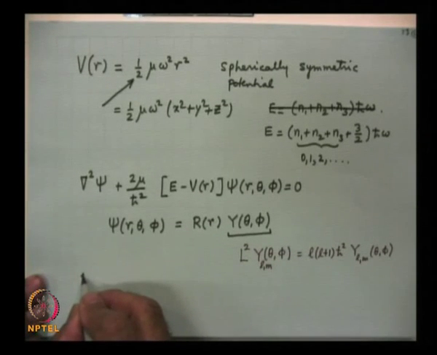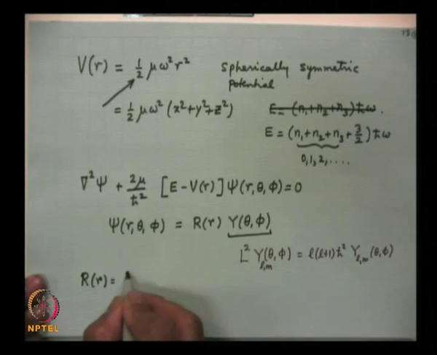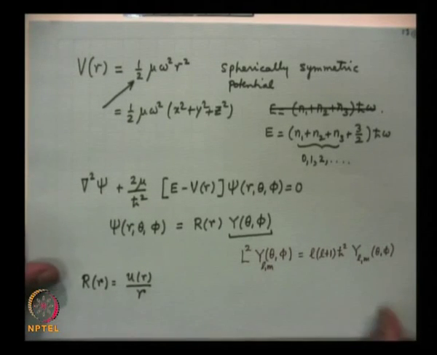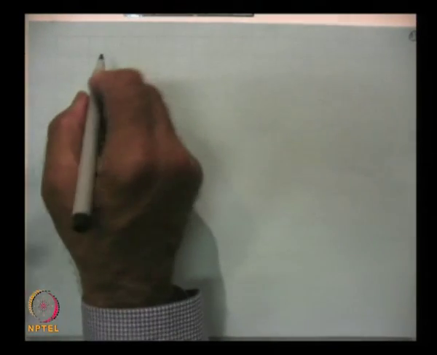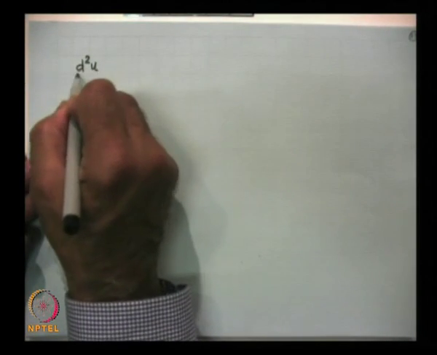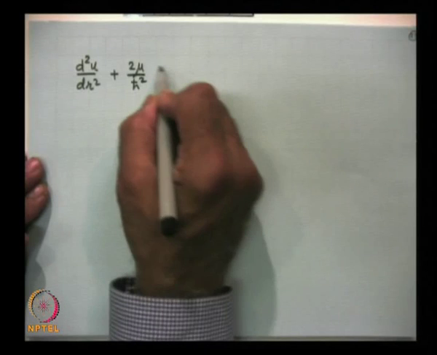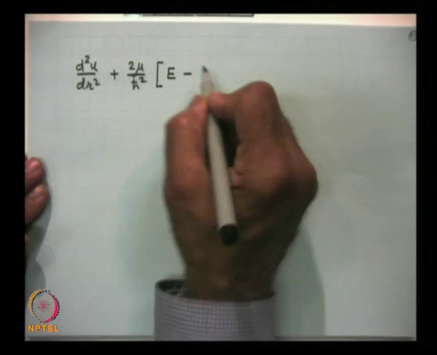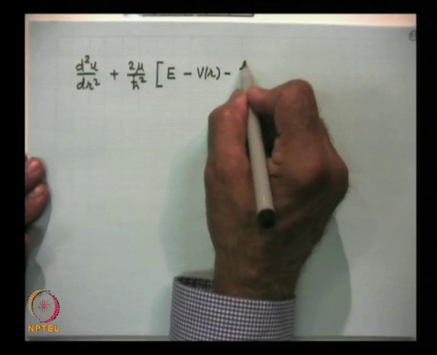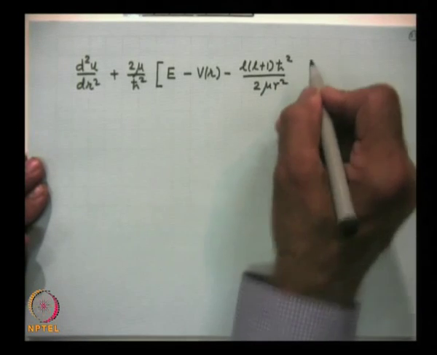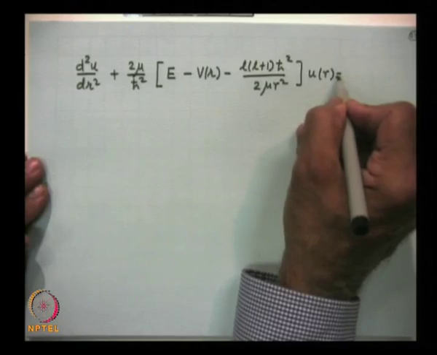If I define a function u of r such that R of r is equal to u of r by r, then u of r satisfies the following equation: d2u by dr square plus 2 mu by h cross square E minus V of r minus L into L plus 1 h cross square by 2 mu r square u of r is equal to 0.